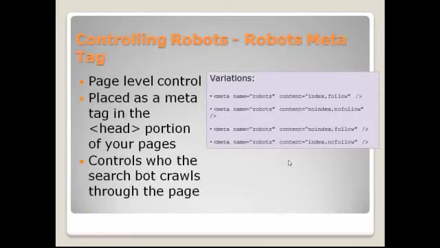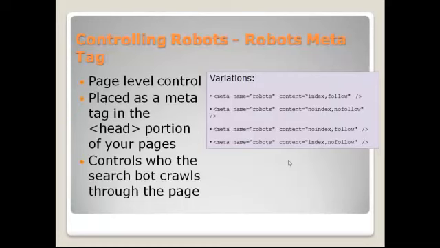So, controlling robots: the robots meta tag. As you can see on the right in this little gray box, we have index follow, no index no follow, no index follow, and index no follow. So this is page-level control for the individual pages that make up an entire website.